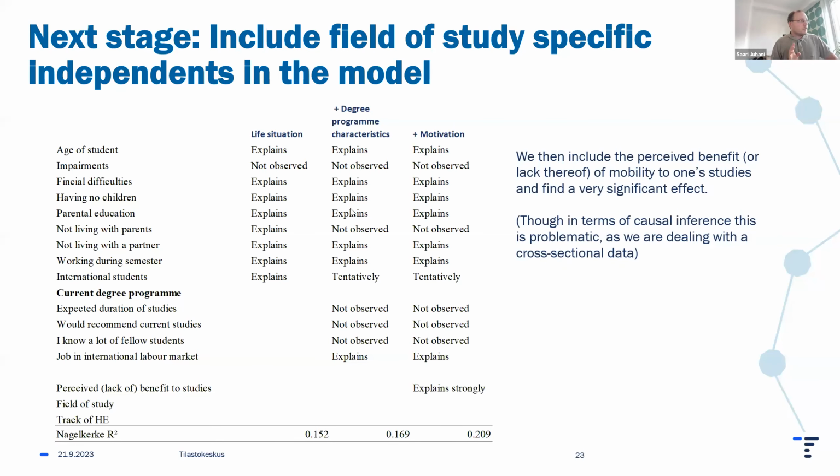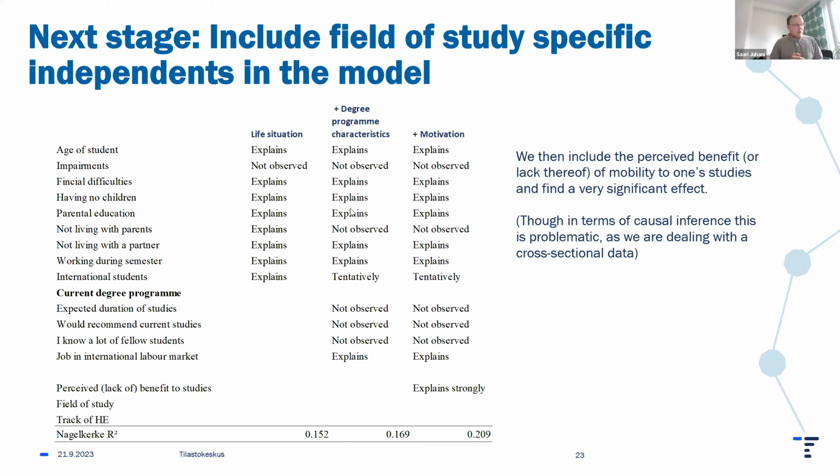And then we include one of the key motivational measures in the EUROSTUDENT dataset in the model, the perceived lack of benefits to one's current studies, because this is actually quite interesting. As I presented before, we observe quite drastic differences between the relative mobility by field of study and by track of higher education.